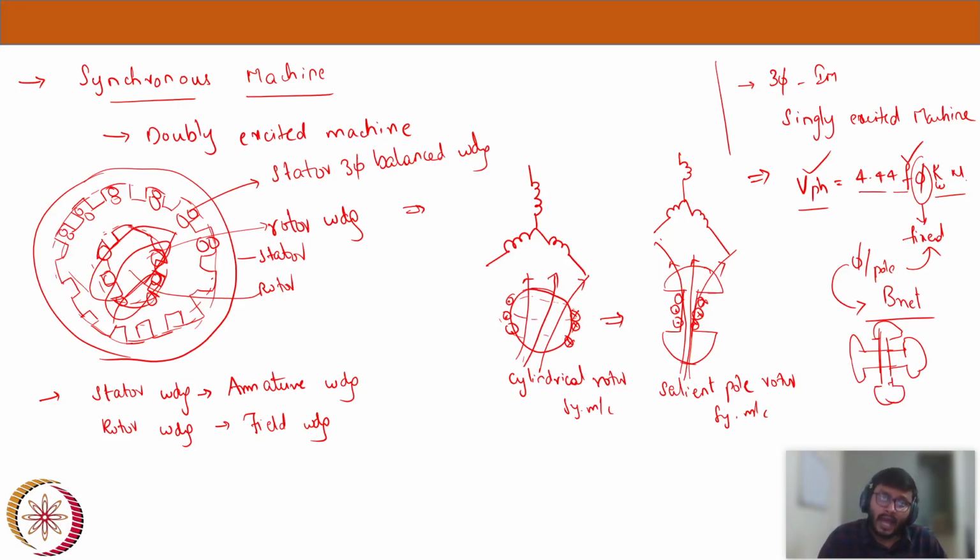Why can't we have a megawatt rated induction machine, but we have synchronous machines in the megawatts? Any idea? This is because of the biggest disadvantage induction machines have.